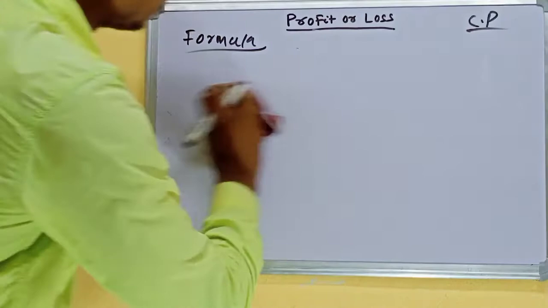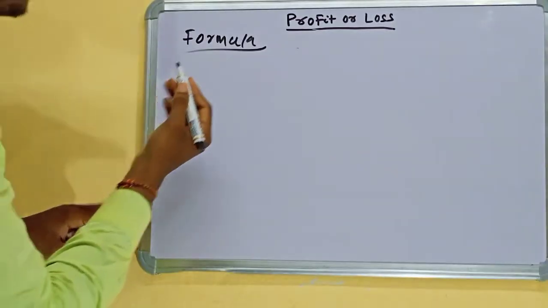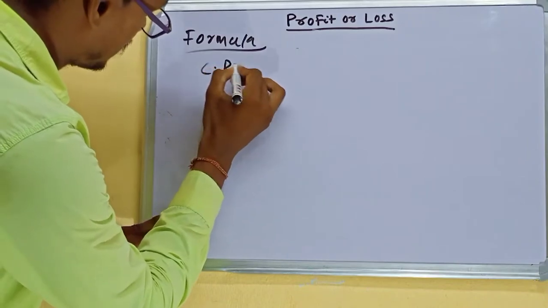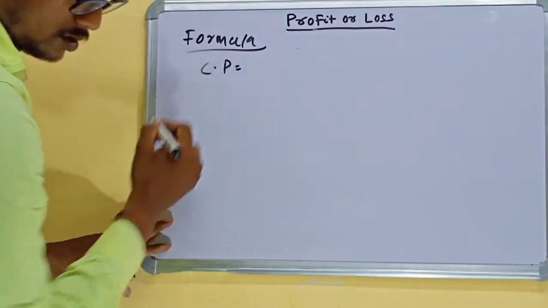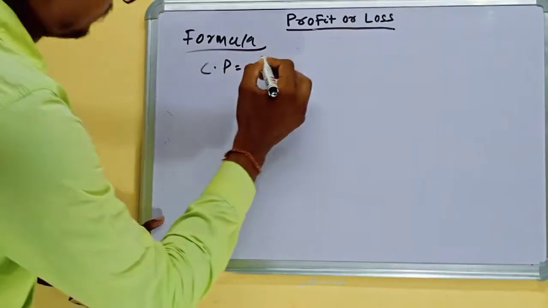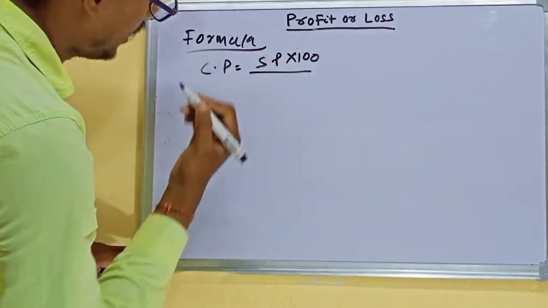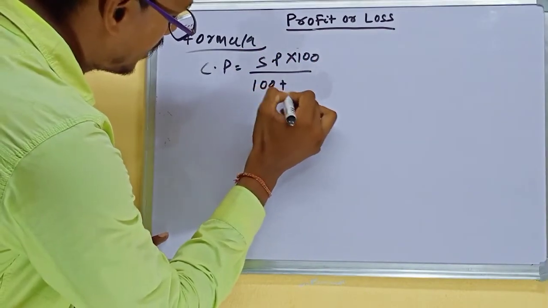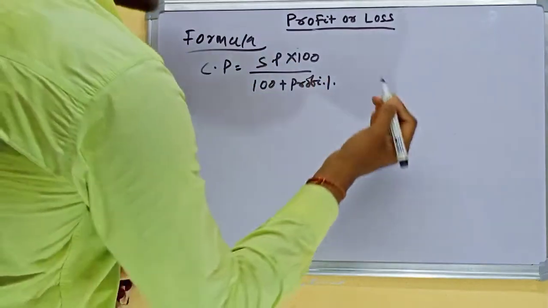Next formula. CP is equal to SP into 100 divided by 100 plus profit percentage.